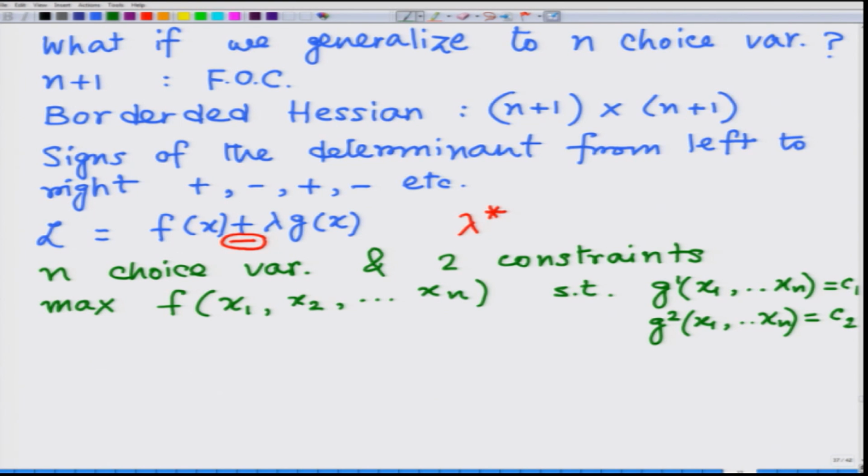so in this case how can we write the Lagrangian function? Now the Lagrangian function will take the following shape.